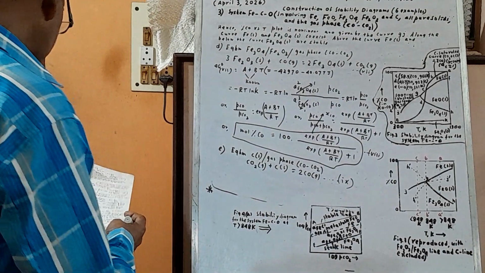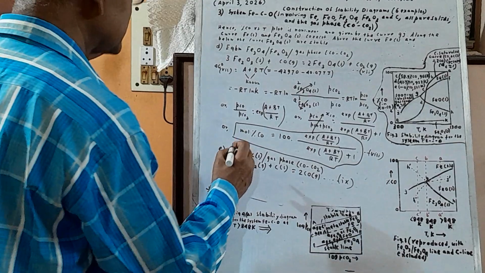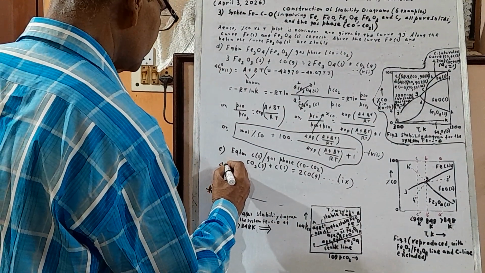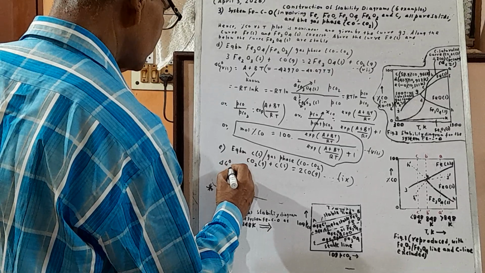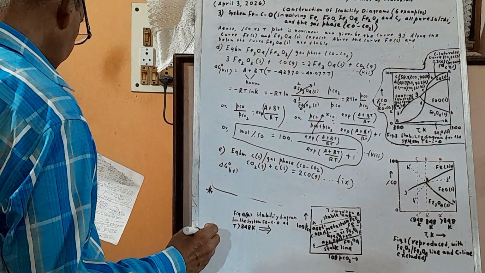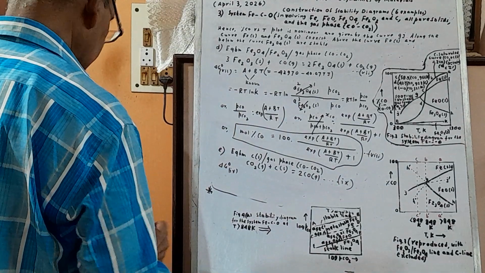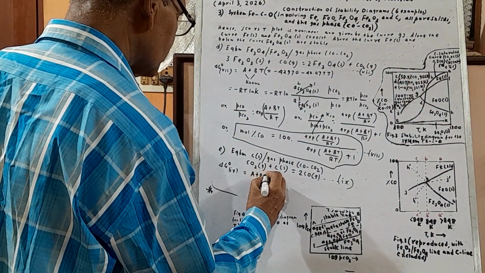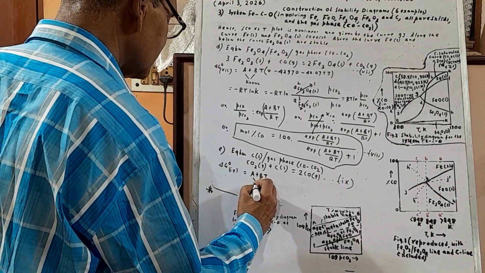Equation 9. Start like before. Delta G0 9 is what? Here, A plus BT as before. A plus BT, and these are known quantities.